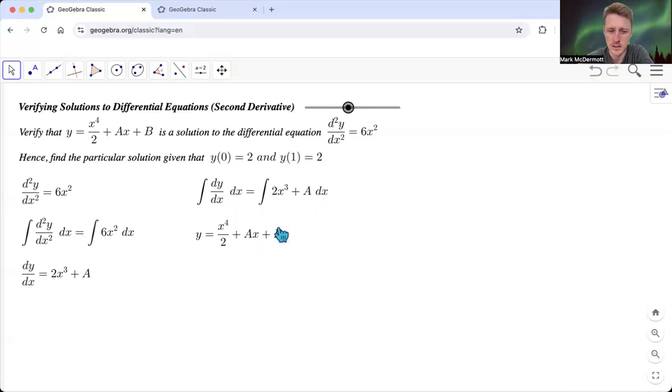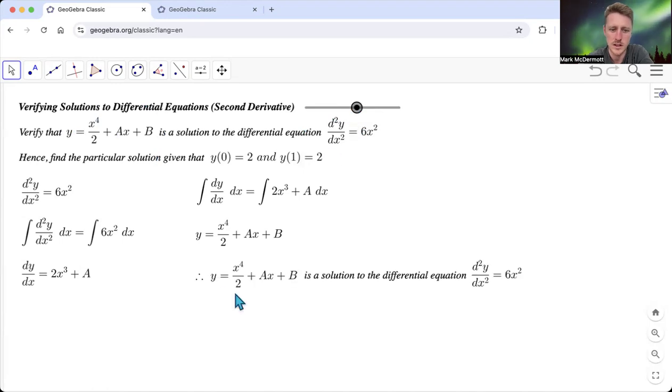And then we also get this other constant of integration, B. That's it. We've pretty much shown that this is a solution to this equation. So we can summarize and say that therefore y equals x to the 4 on 2 plus ax plus b is a solution to this differential equation.